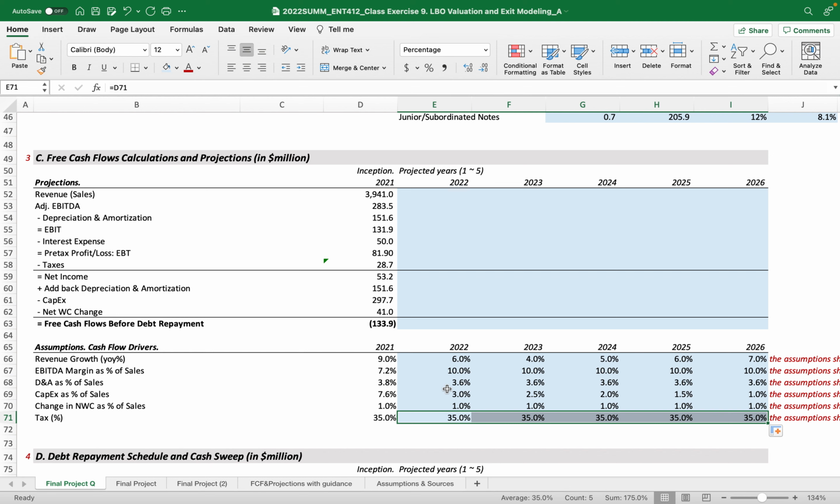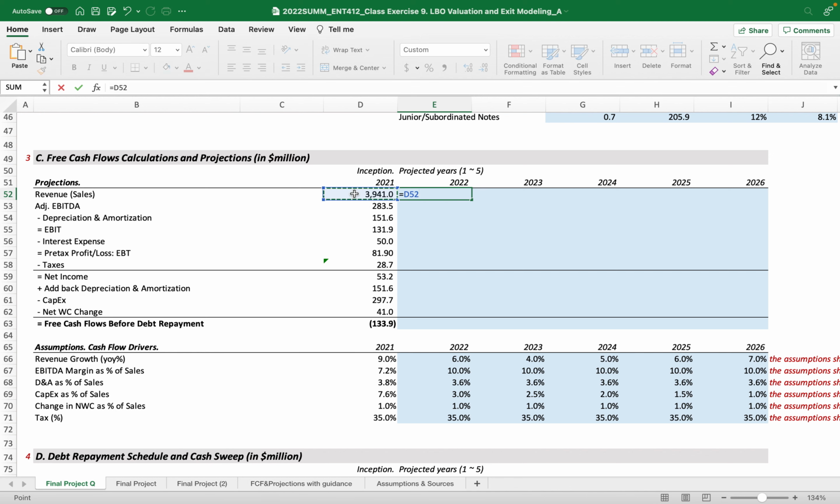Once we complete the assumption part, it must be explained, by research or your storytelling, whatever. Then let's correspond these assumptions to the projection part in dollar amounts.